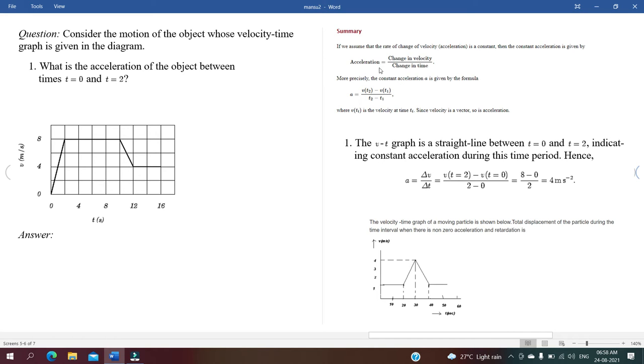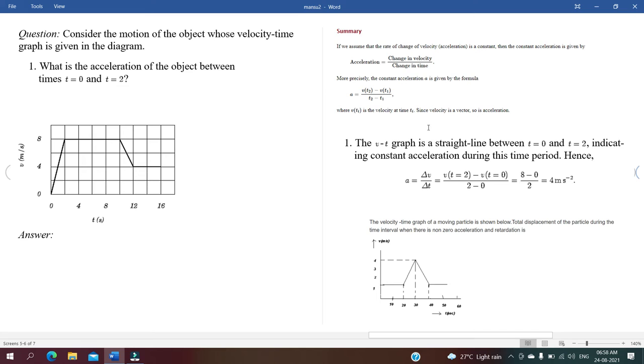Acceleration is given by the formula change in velocity upon change in time: velocity at t2 minus velocity at t1, divided by t2 minus t1. This is the formula for finding uniform or constant acceleration.